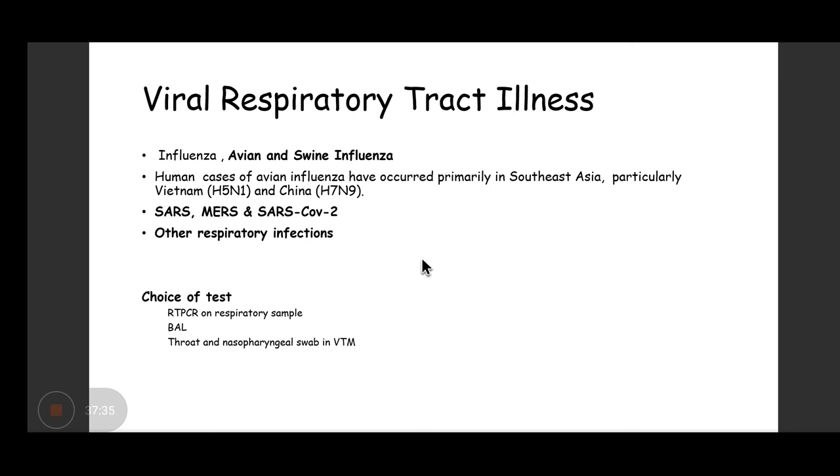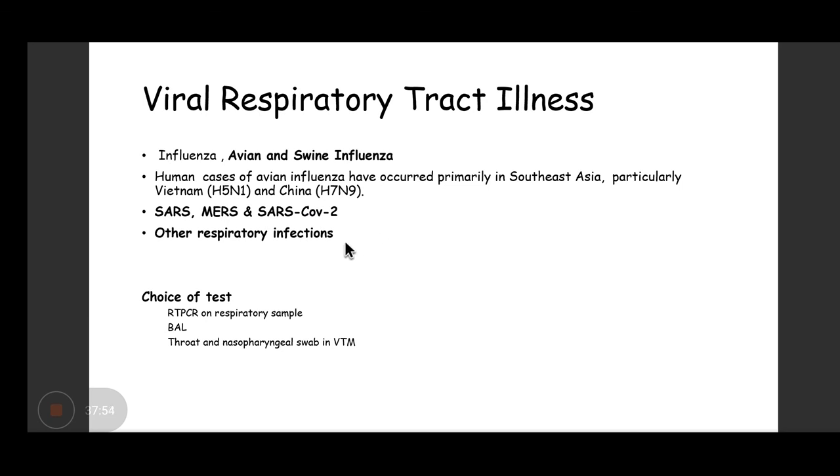They are restricted to only the upper respiratory tract, and usually we do not prescribe any specific test for that. But these severe infections can also sometimes present initially as upper respiratory tract infection. So we go for their diagnosis.